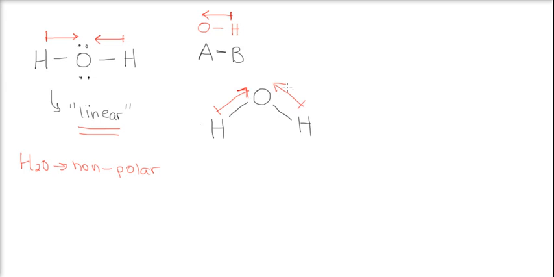So if we were to add these arrows together, because they're both pointing upwards, the overall molecular polarity, which is indicated by this blue arrow, would go directly through the middle of the oxygen or the water molecule. Okay, so this is our molecular polarity. And the red arrows are our bond polarities.